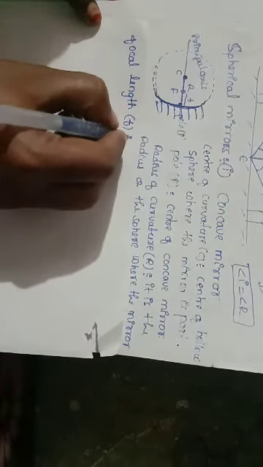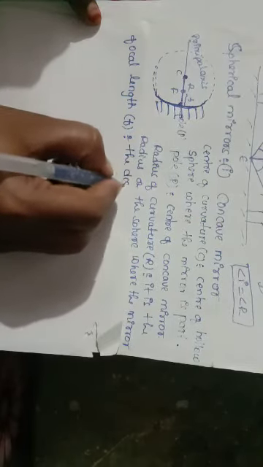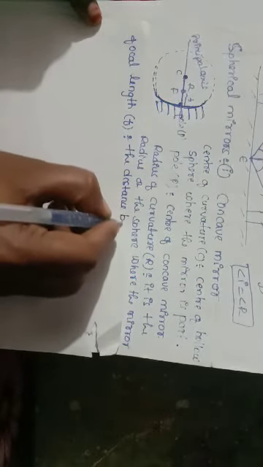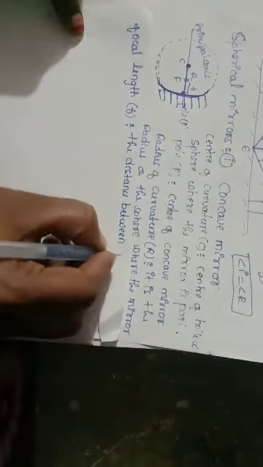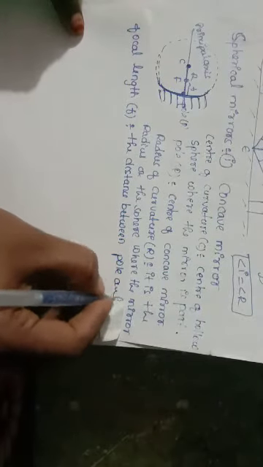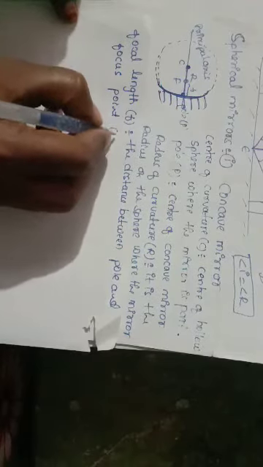So what is focal length? The distance between the pole and the focus point, f.